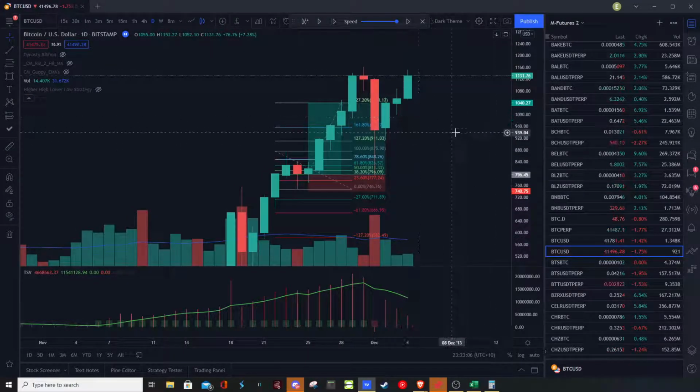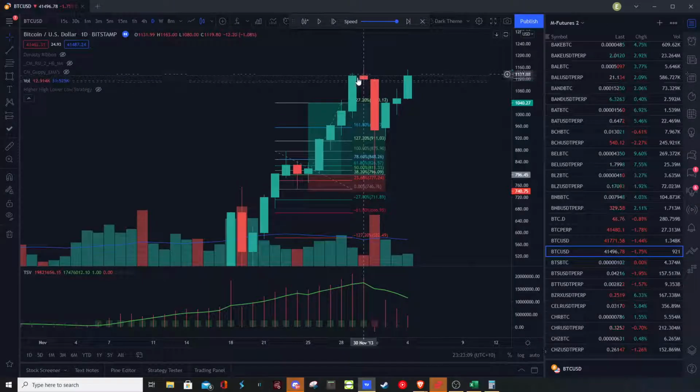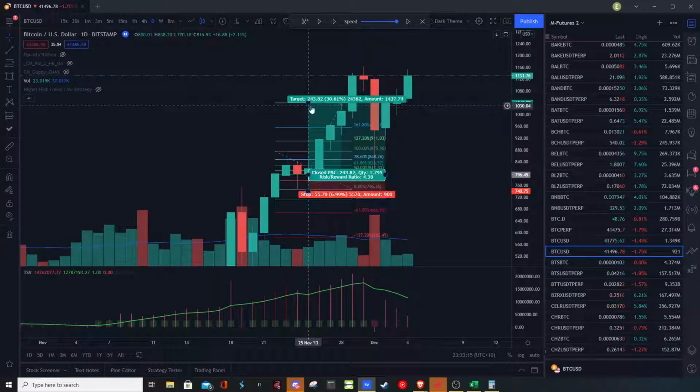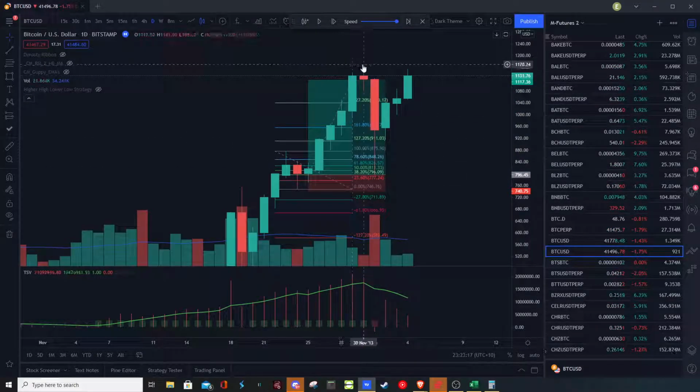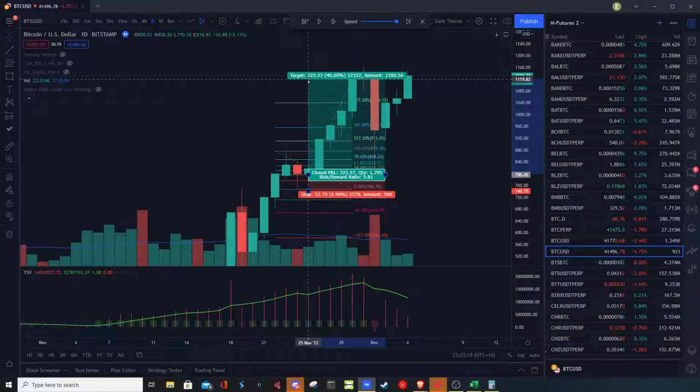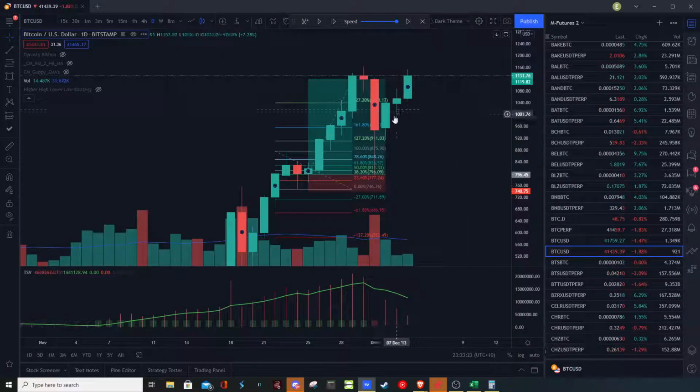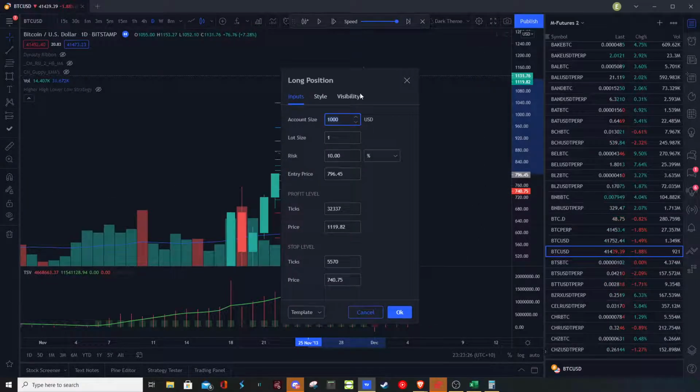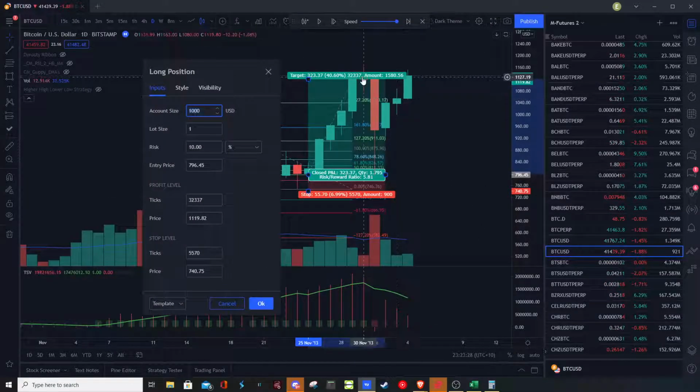Nice trade there. That candle there, I'd definitely be out on that candle. Bearish spinning top at the top of a run. I'd be out at the close. See you later. I'm pretty good with that. So if you want to take a note: bearish spinning top at the top of a run.